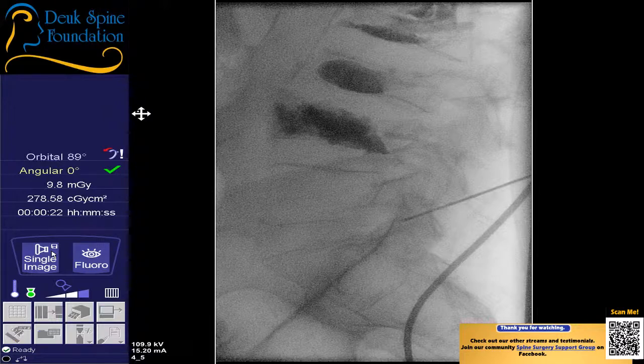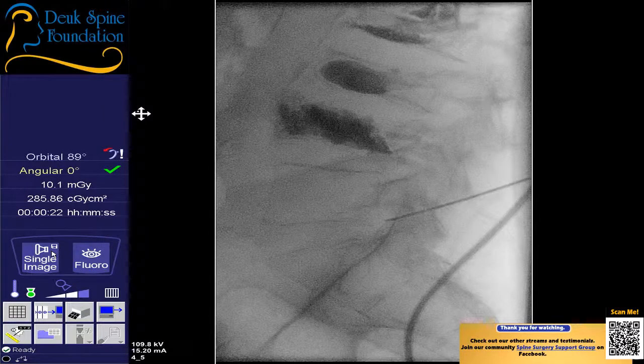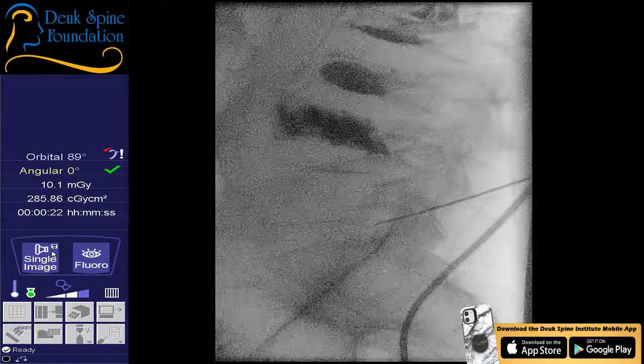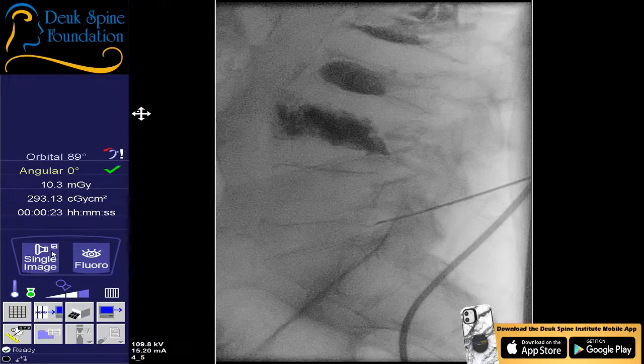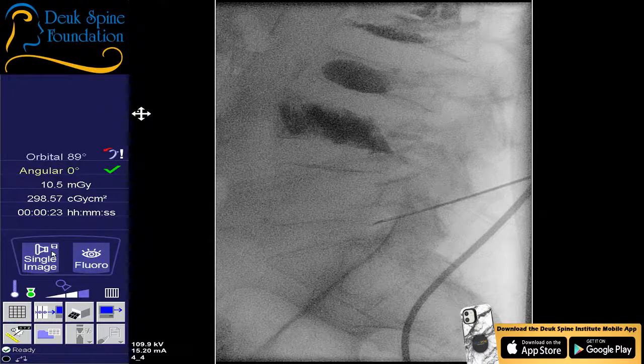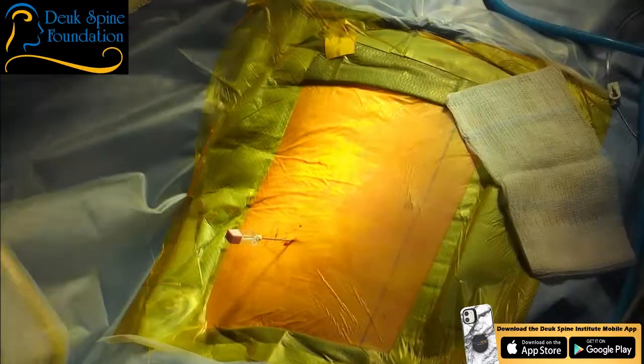Shot. Where do you feel that? Where do you feel it? But not down the leg. Shot. Let's get an AP. Hang in there, you're doing really good. You're doing a great job.